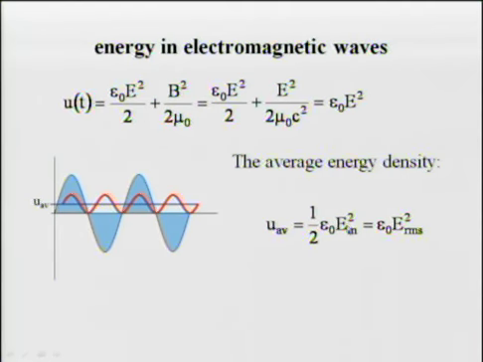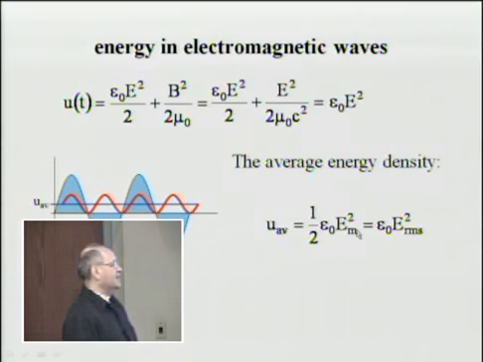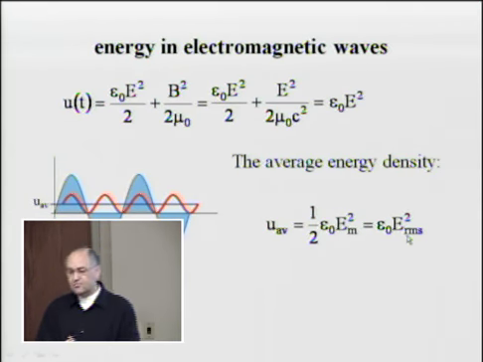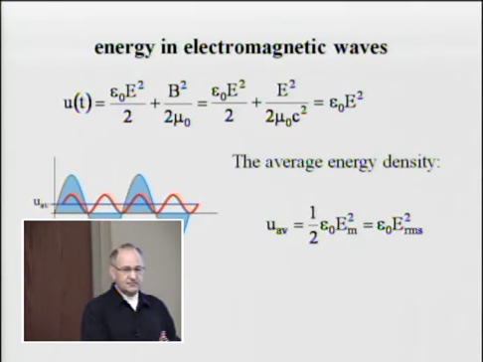Now, for a sinusoidal wave, I can recognize that if I divide peak value by square root of 2, I will get root mean square value of electric field. So I can write down that average density is just permittivity of free space multiplied by square of root mean square value of the electric field strength.